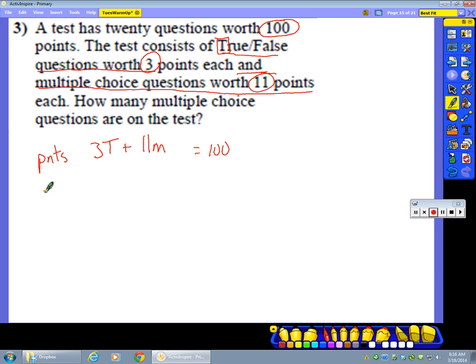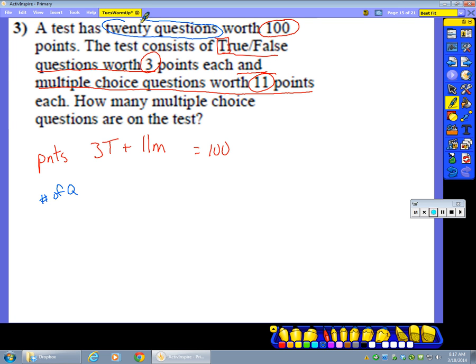Now for my second equation, what I'm going to look for is things that just talk about the number of questions. In fact, I'm going to do that in a different color. Let's do that in blue. Number of questions. The very first thing that I see is that a test has 20 questions.